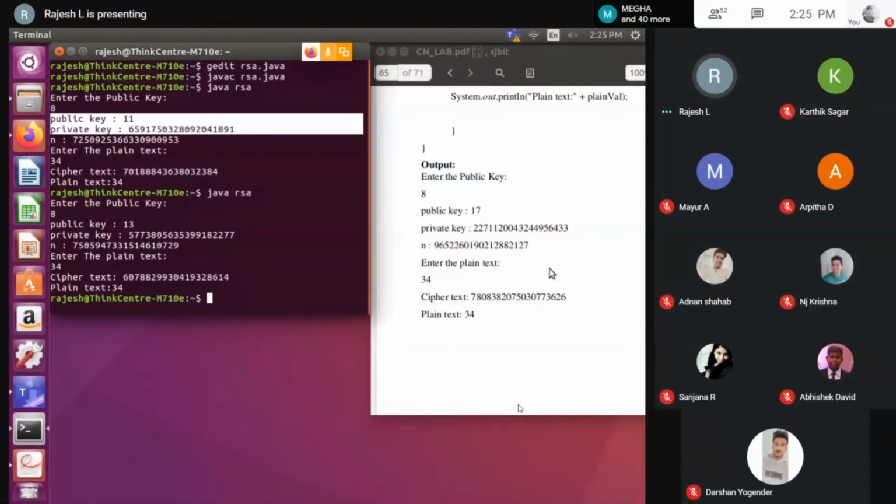You are not getting the same public and private keys because you can't estimate what keys are going to be generated. This is the strongest feature of the RSA algorithm. So that's all regarding the RSA program.